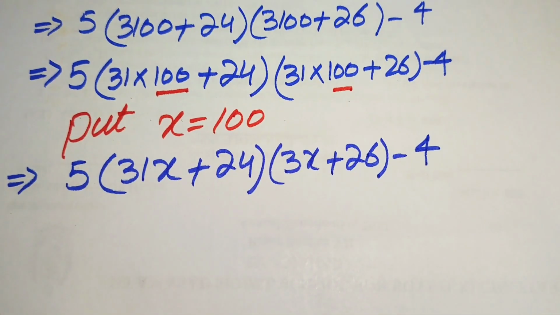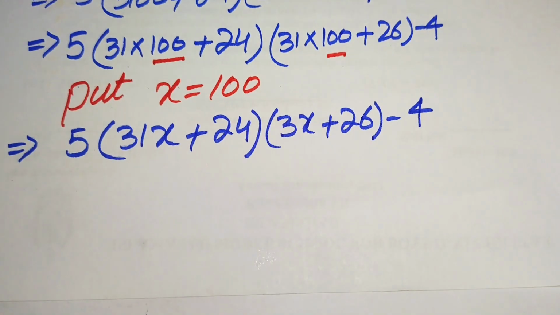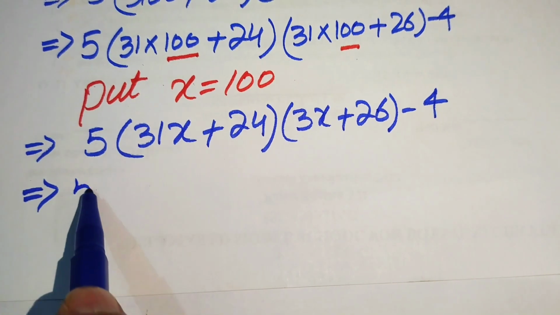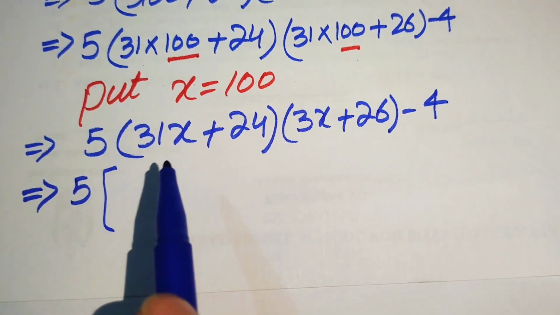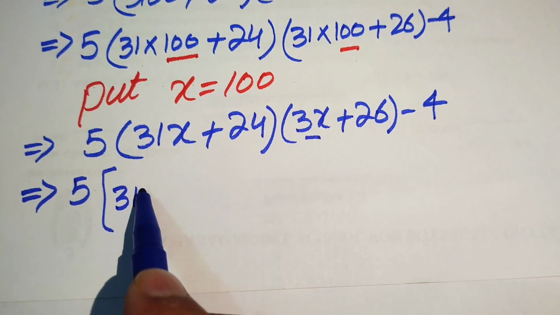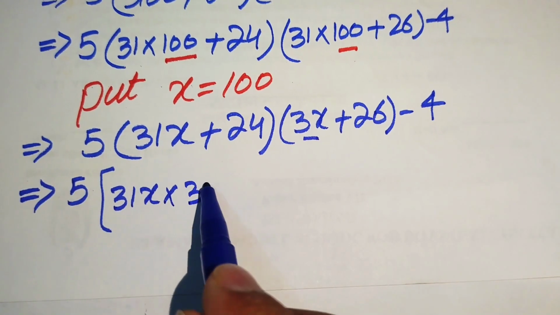Okay, so here we have these two simplified forms. So here we multiply these two factors. When we multiply these two factors, it is written as 5 into, here we multiply 31x by this 3x, and it is written as 31x multiplied by 3x.